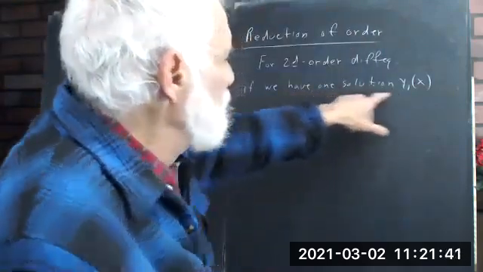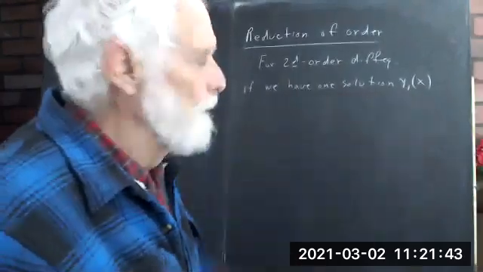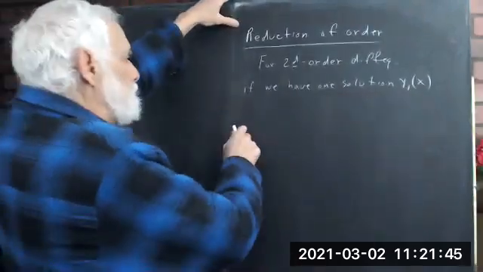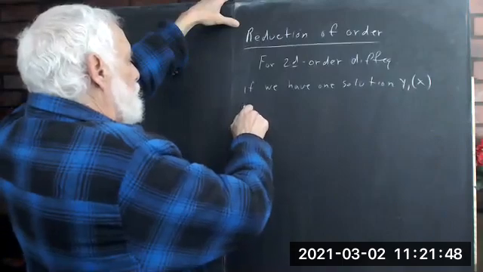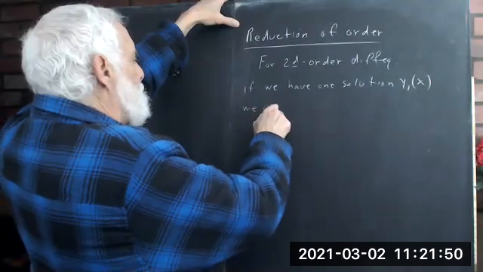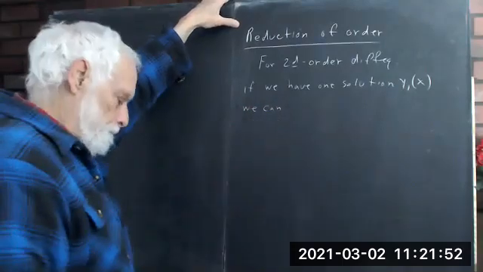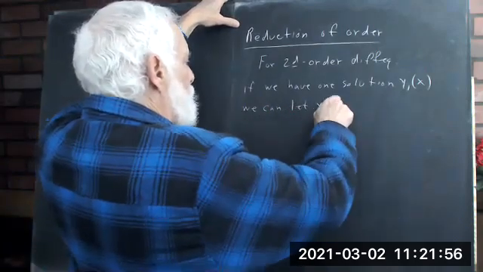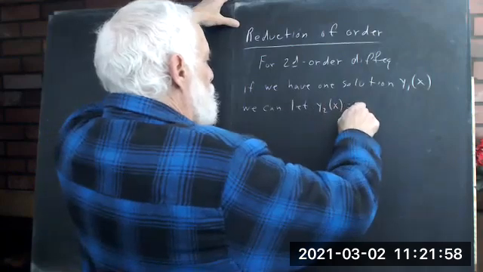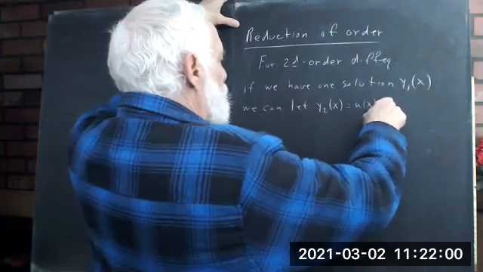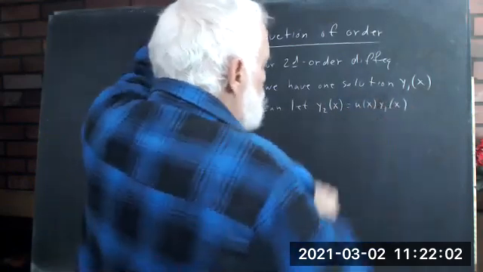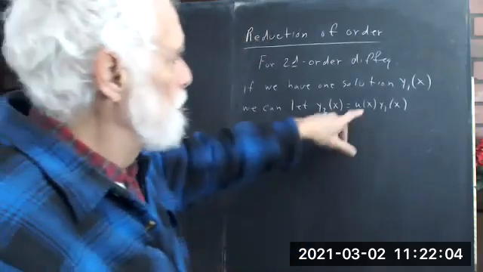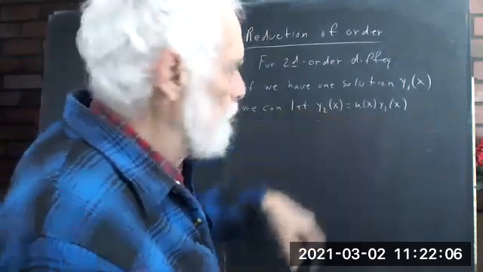If we have one solution, which we'll call y1 of x, we can let y2 of x equal u of x times y1 of x.